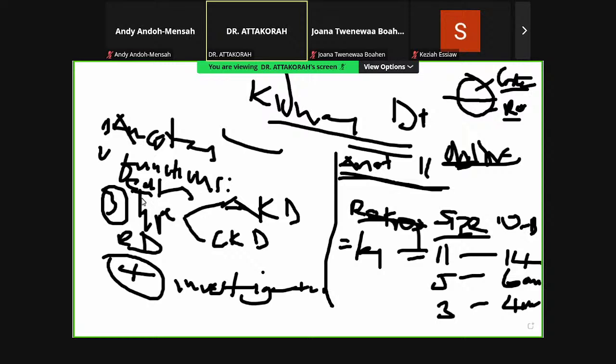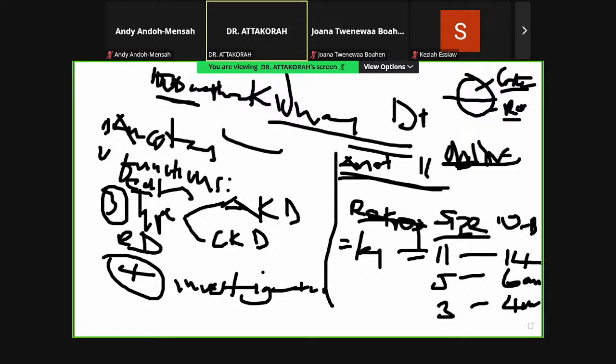And each kidney, we said it's a paired organ. Each kidney contains approximately a million nephrons.